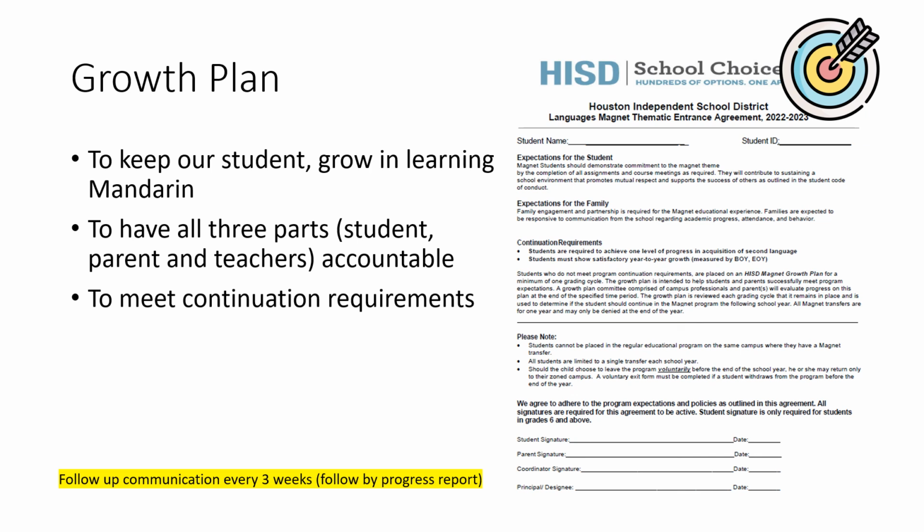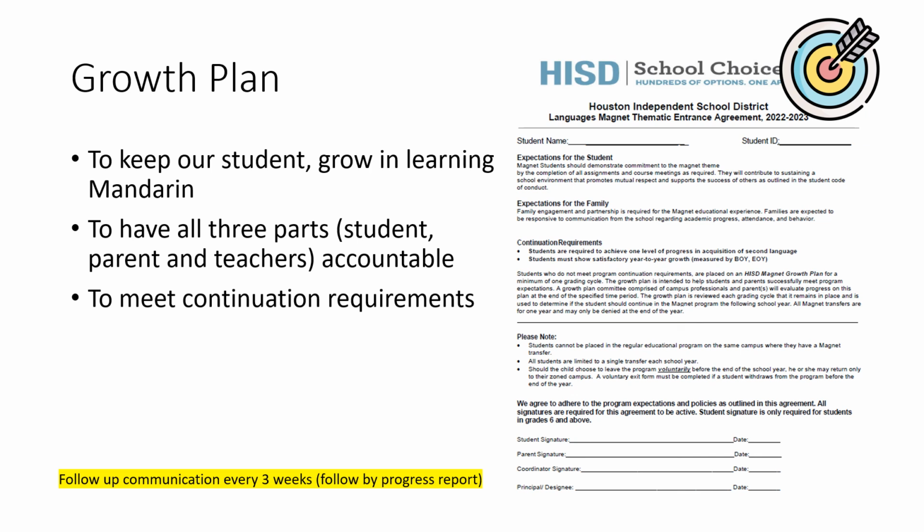So if your student did not meet the Mandarin course expectations, I will have to call a growth plan meeting with you, the teacher, and the student. The purpose of the growth plan meeting is to keep our students growing in Mandarin learning, to keep everybody accountable, and ultimately to meet the continuation requirements so that you can go to the next grade level.